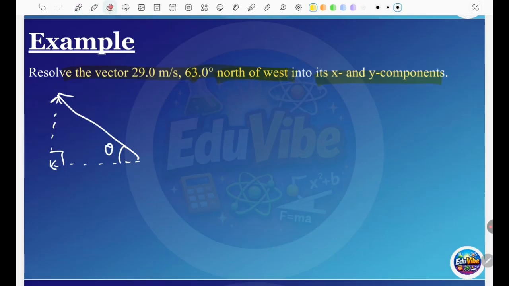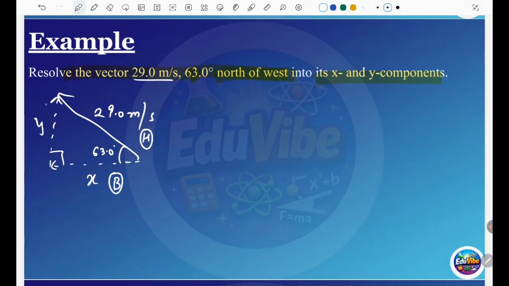The angle is given to you: 63.0 degrees, and 29.0 meters per second is this one. We have to find this x component and the y component. We go the reverse of the previous lesson. This is the hypotenuse, this is the base where the angle is, and this is the perpendicular, the side opposite the angle.